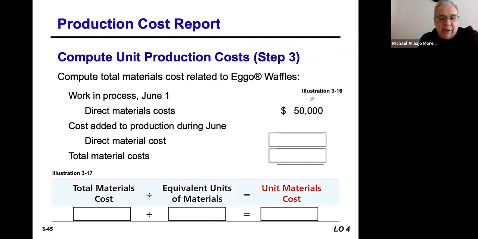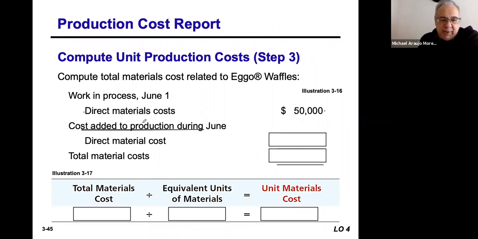So if you go back to the earlier illustration and you look at the cost section for June 1st, you'll see the direct materials costs were 50,000. I don't want to go back through those slides, but that's where this number would come from. And then you have to add the costs during production.